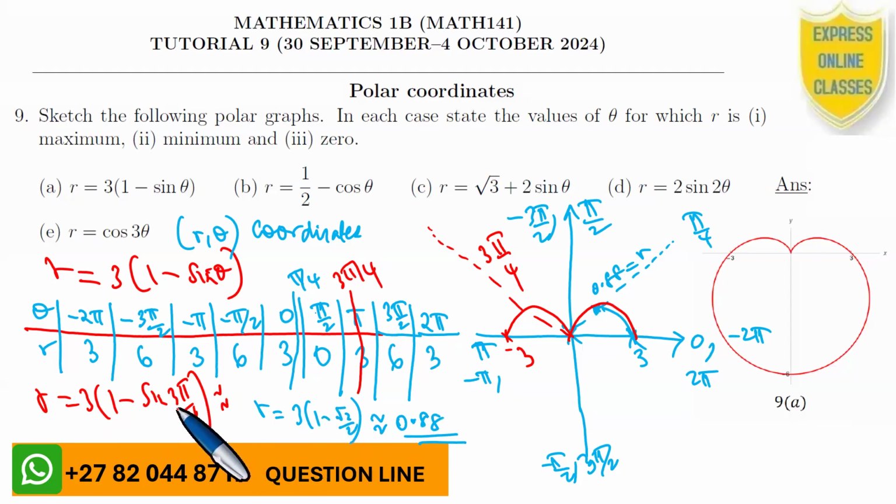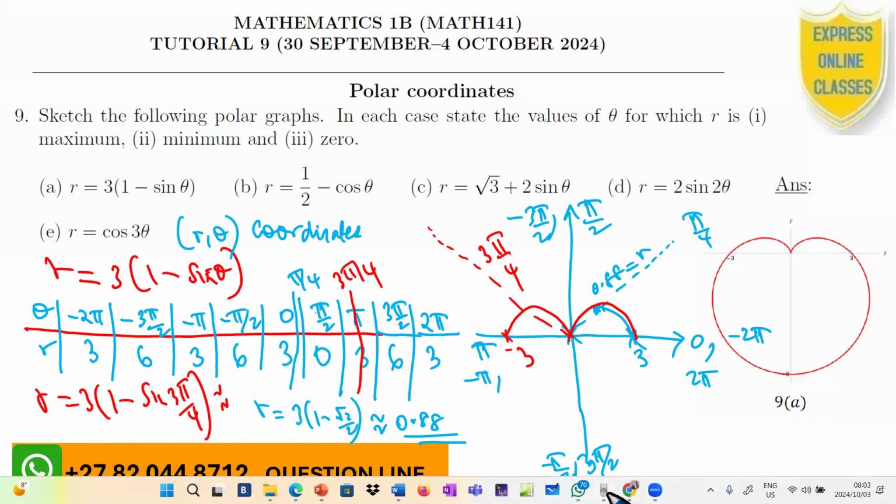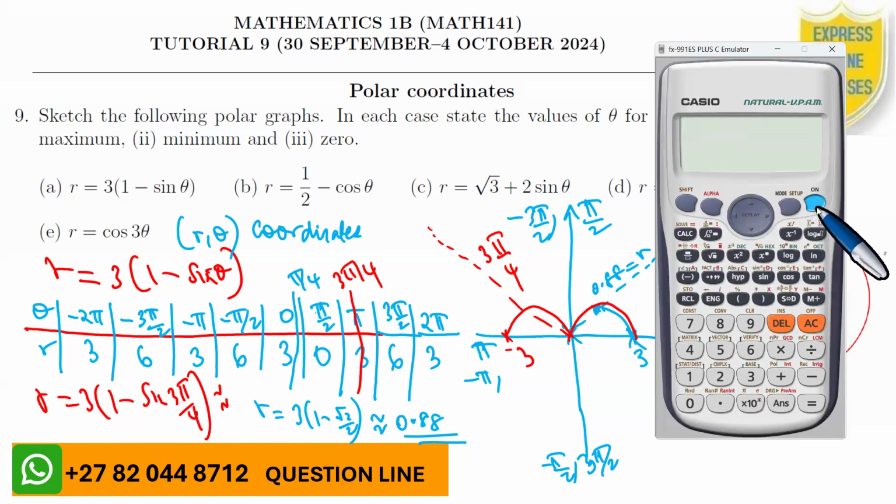Okay, so let's use a calculator. Can estimate it. Three pi over 4, which is 3 times 45, 135 degrees.